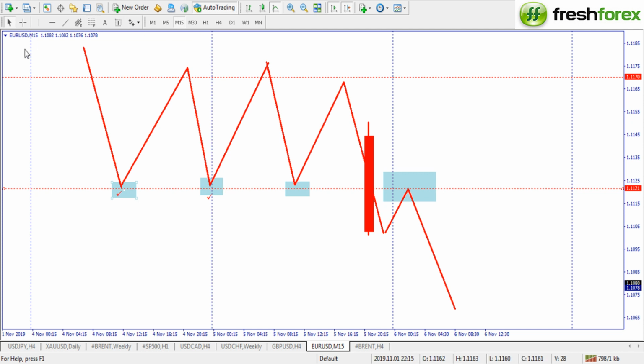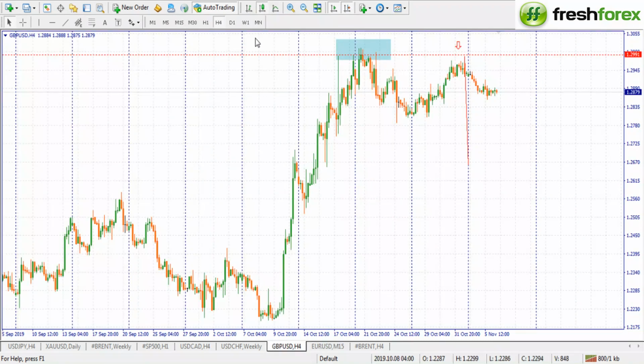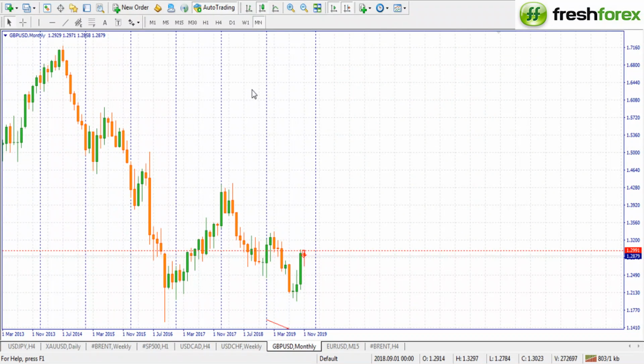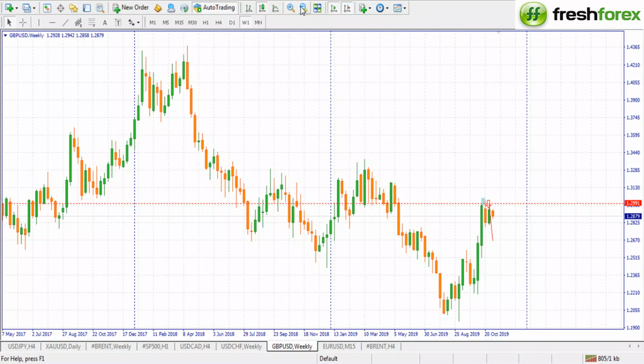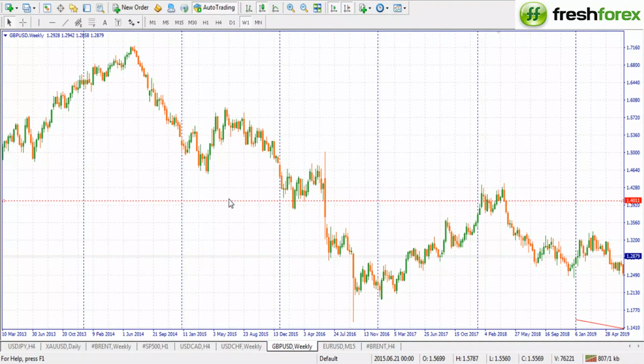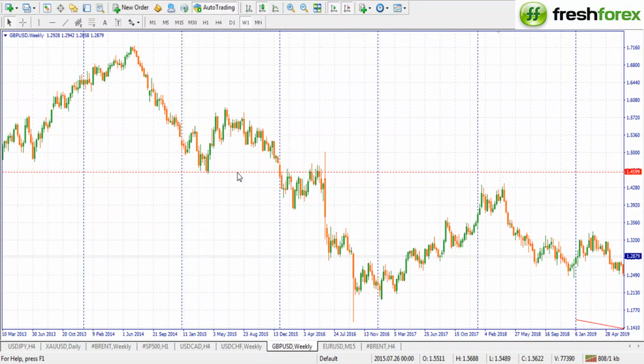So I want us to look at this from a real chart formation like this, a monthly chart. Look at this level. Then also look at this.